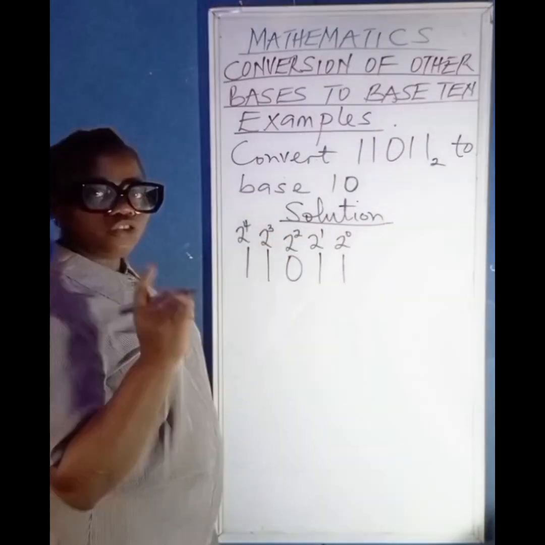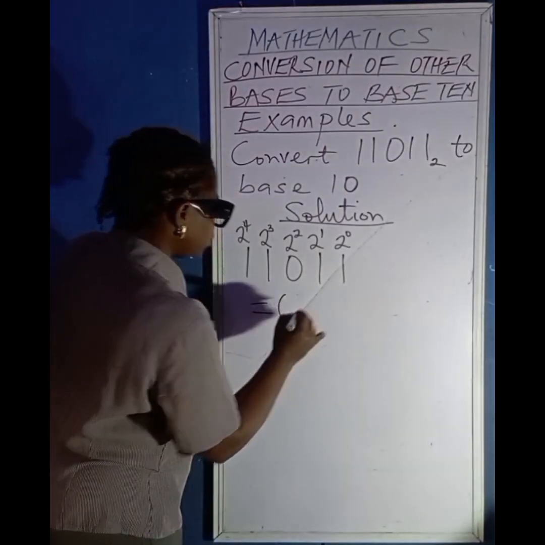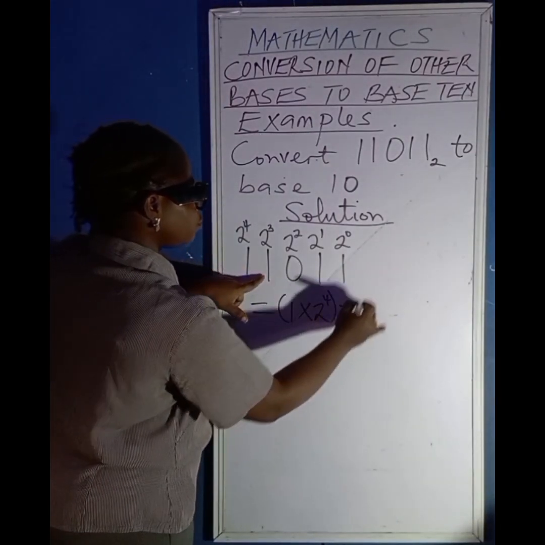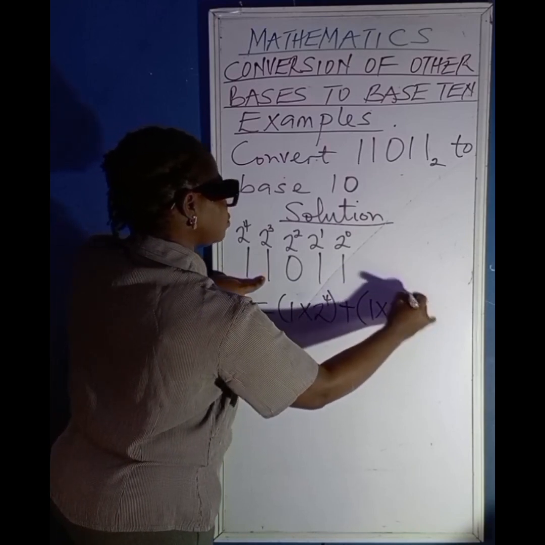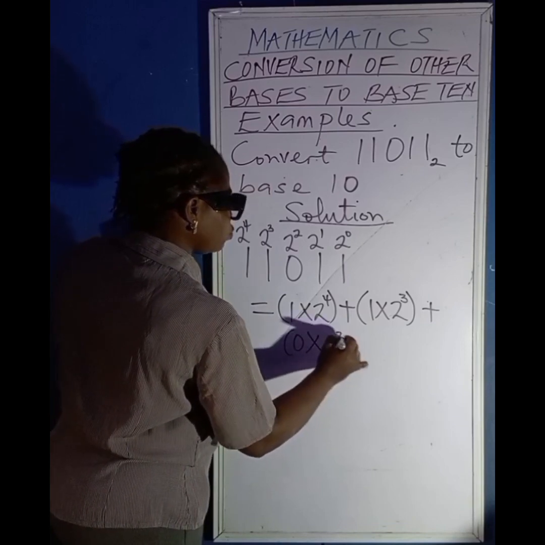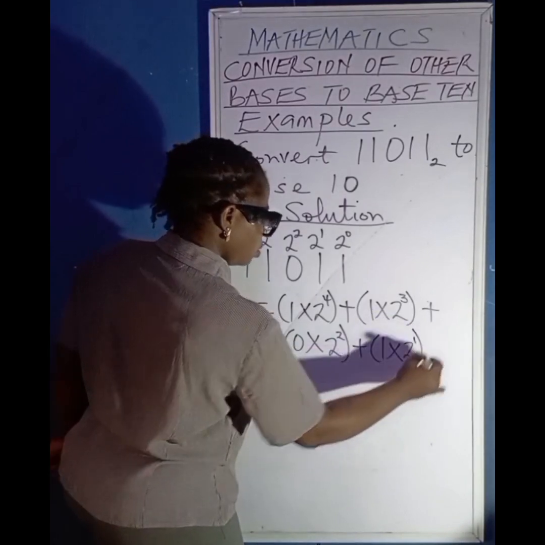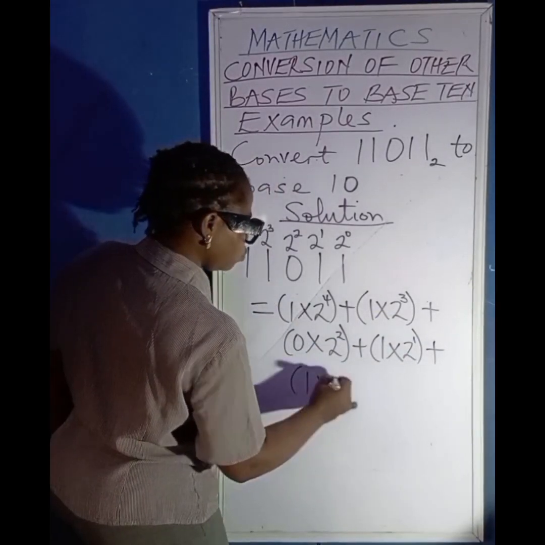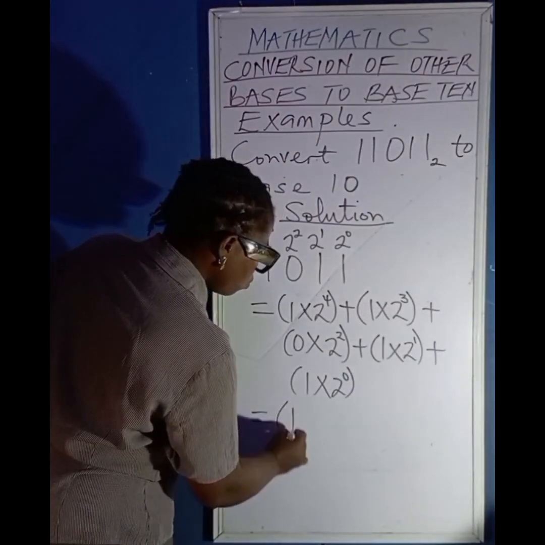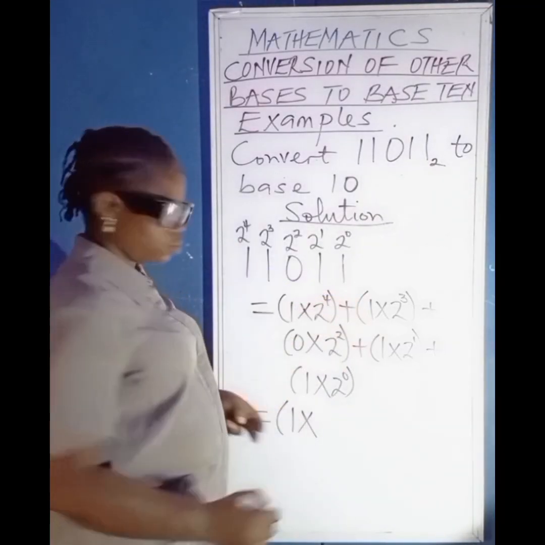We will be expanding using each of the place values. So I have 1 times 2 raised to 4 plus 1 times 2 raised to 3 plus 0 times 2 raised to 2 plus 1 times 2 raised to 1 plus 1 times 2 raised to 0. 2 raised to 4 is 2 times 2 times 2 times 2, which is 16.